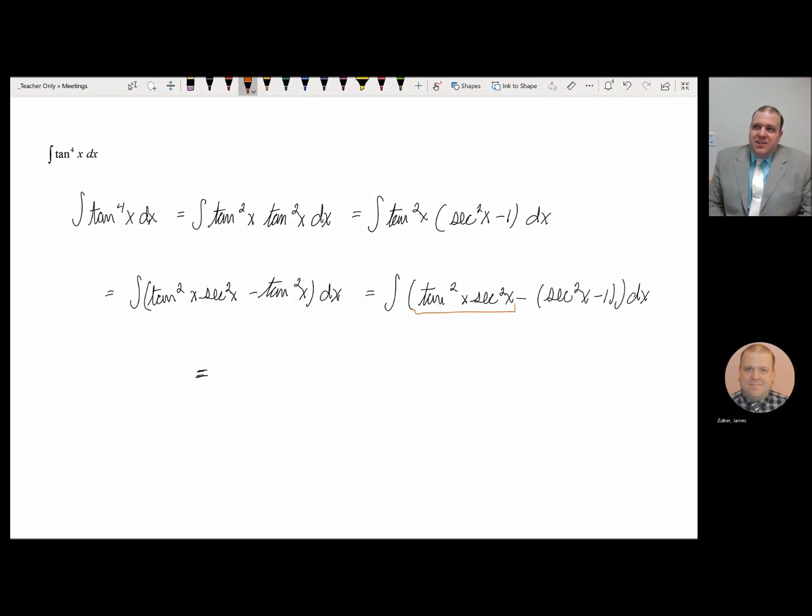What is the derivative of tangent? Secant squared. Let u be tangent. That first piece is essentially just the antiderivative of u squared, right? Which is 1/3 u cubed.